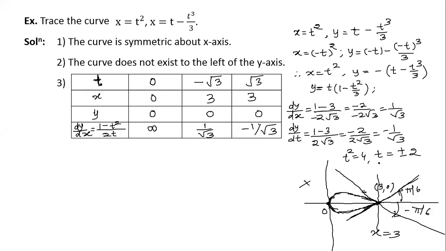There will be some value again. You can find another value of y for t equal to minus 2. So we realize that for every x which is greater than 3, there are two values of t, and for each such value there is one value of y. Hence y will also have two values.